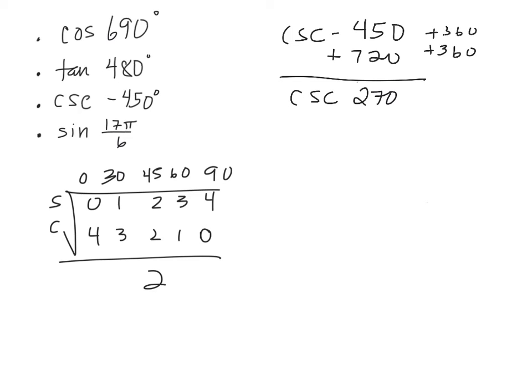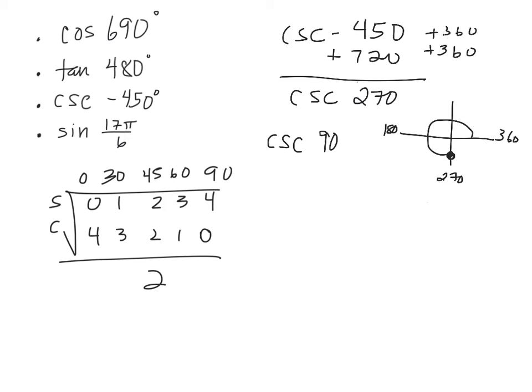Now if we sketch 270, we're right here. What is the distance between 270 and the nearest x-axis? Well, this is 180 and this is 360. It's actually equal distance from both, so it doesn't matter which one you choose. If I do 270 minus 180, you get 90.